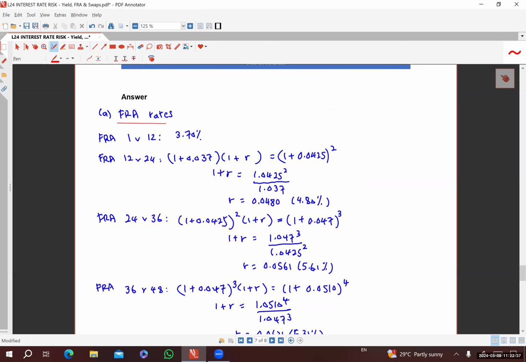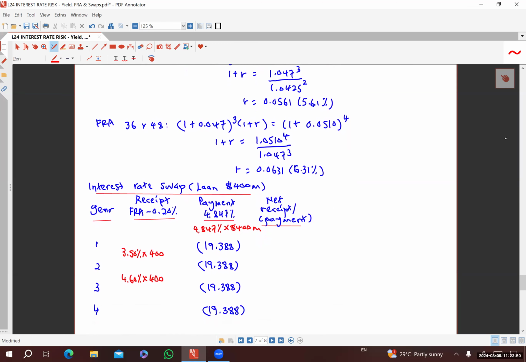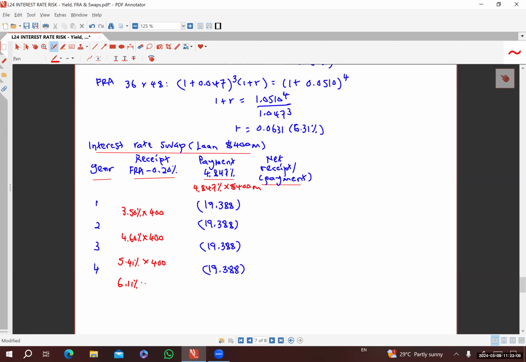Second year, 4.8% minus 0.2, 4.6%. Third year, 5.61 minus 0.2 is 5.41. Fourth year, 6.31 minus 0.2, 6.11. So this is what you receive in the swap.